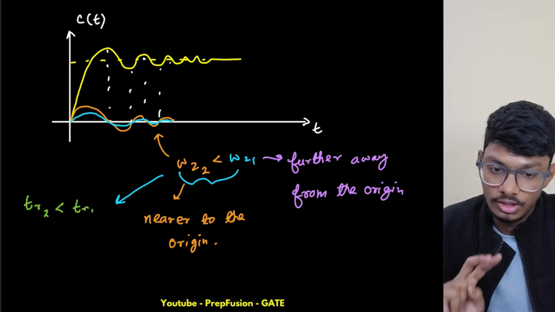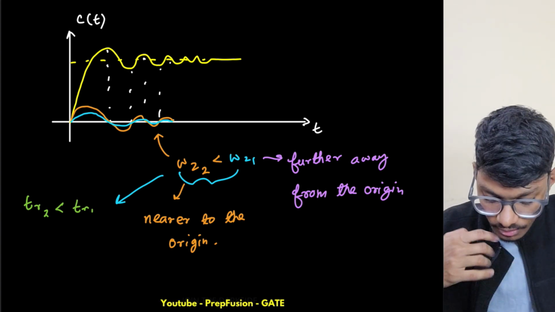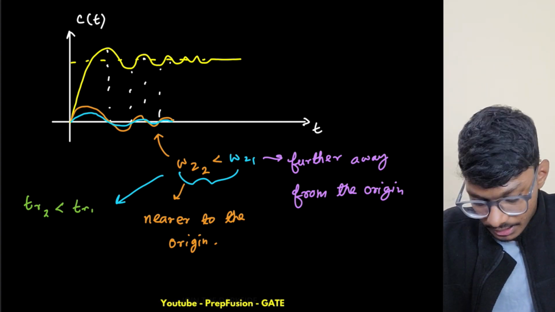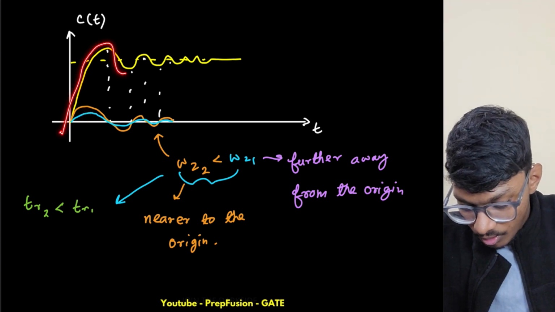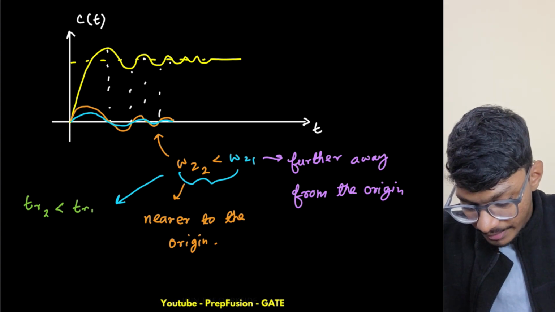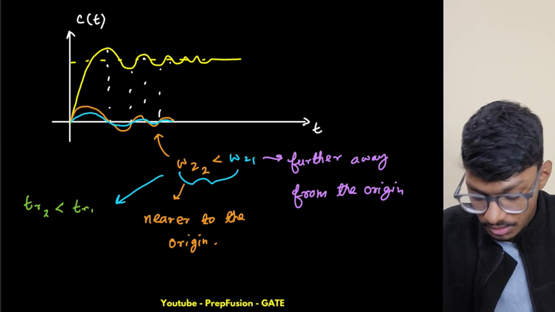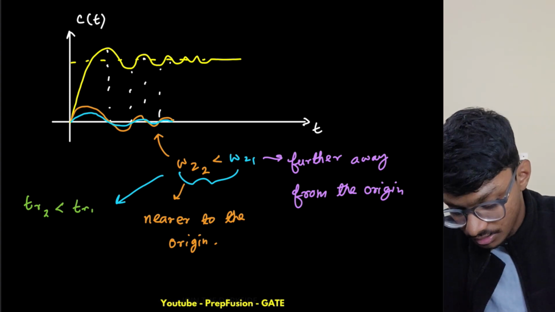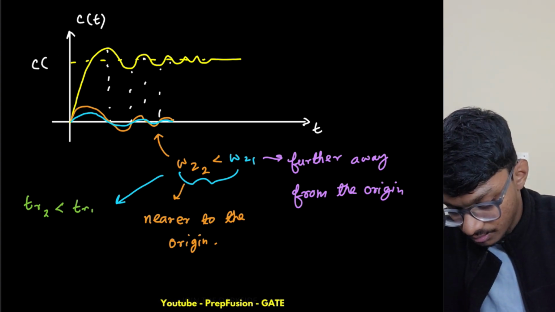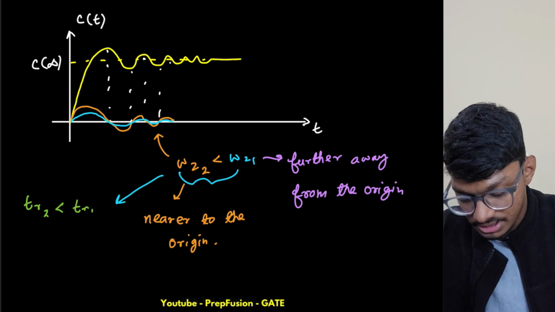Okay, so TR2 will be much lesser than TR1. So you can see, for this case, if the magnitude is much lower, it will be almost like this only, and if the magnitude is much higher, we are adding these two up, so my TR will reduce, because the first time it will reach its steady state will be much faster. Okay, as this is getting added.